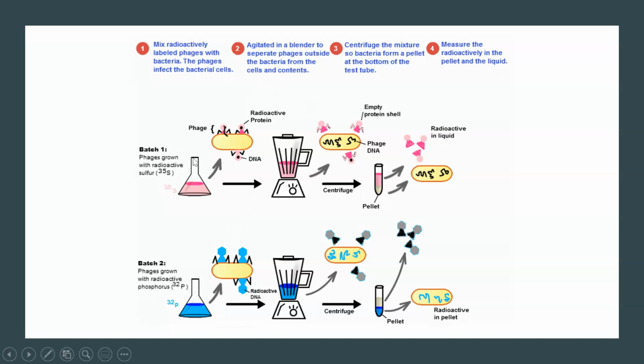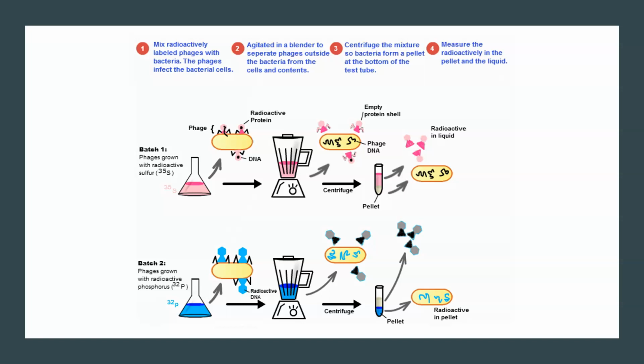So batch 1 being sulfur, batch 2 being the phosphorus. In both cases, you can see we've got our phage attaching to the E. coli, but the difference being in the bottom row, the DNA is radioactive.